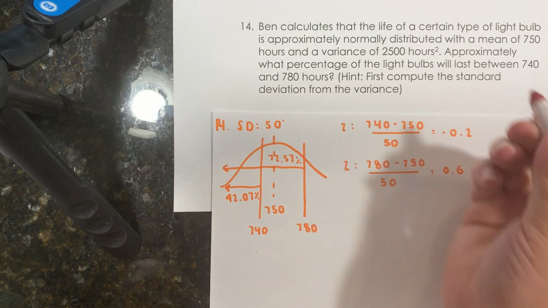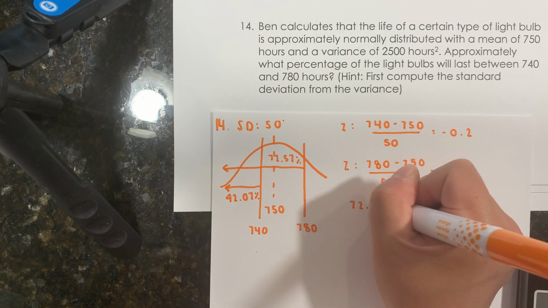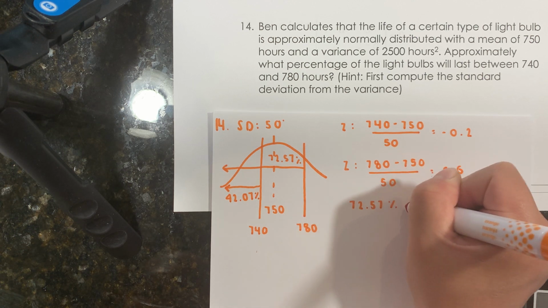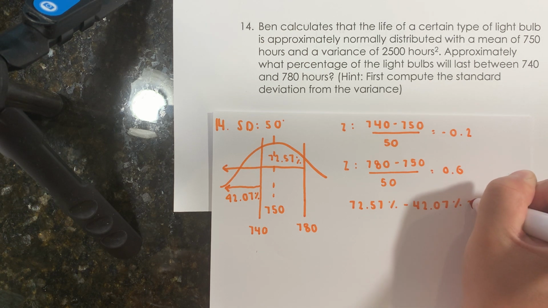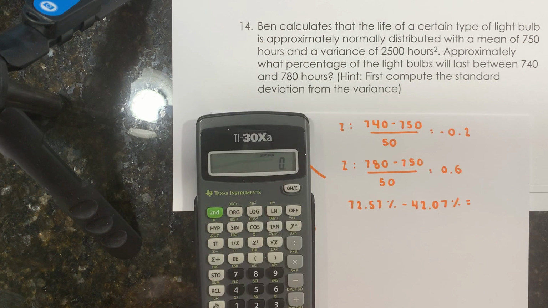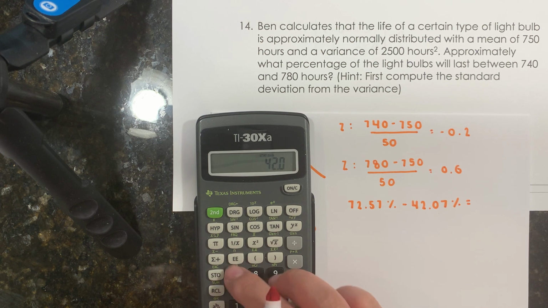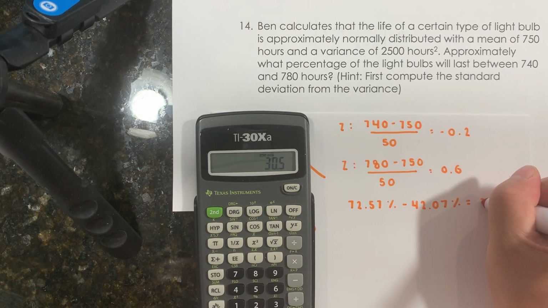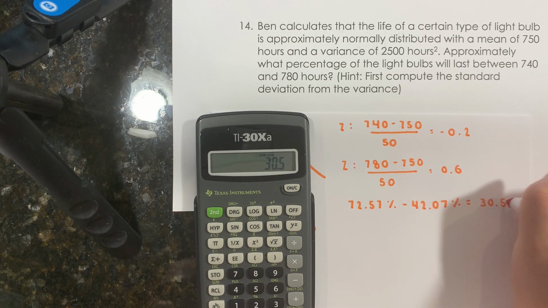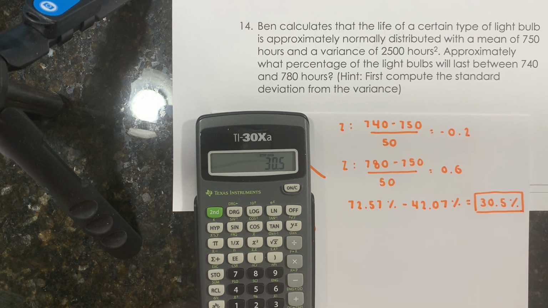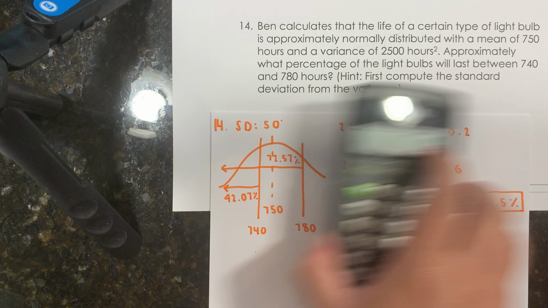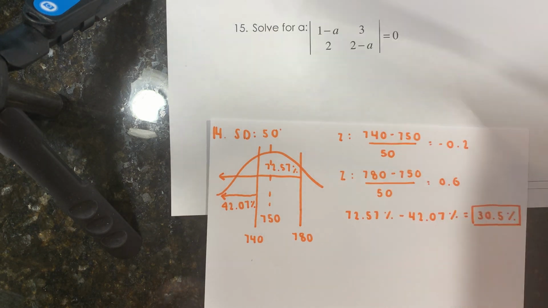And I want to find the difference between the two, so I'll do 72.57% minus 42.07%. And that would give me 30.5%. And that's how we use z-scores.